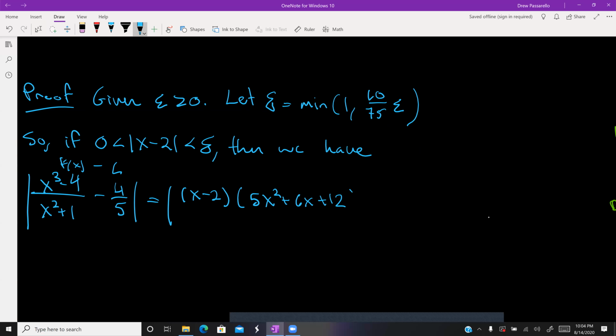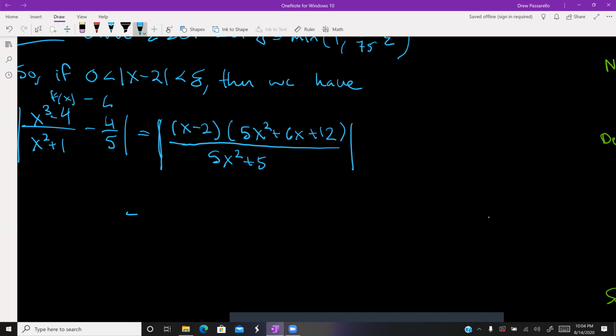All right, and that involves some algebra. Then we could break this up. So that's equal to the absolute value of x minus 2 times the absolute value of 5x squared plus 6x plus 12 over 5x squared plus 5.